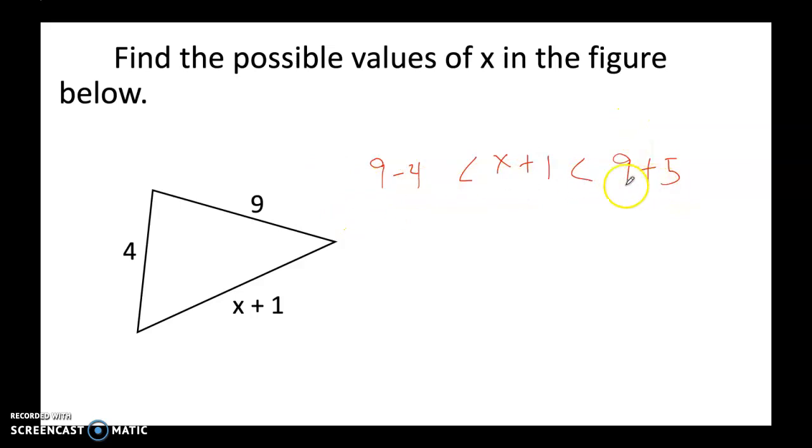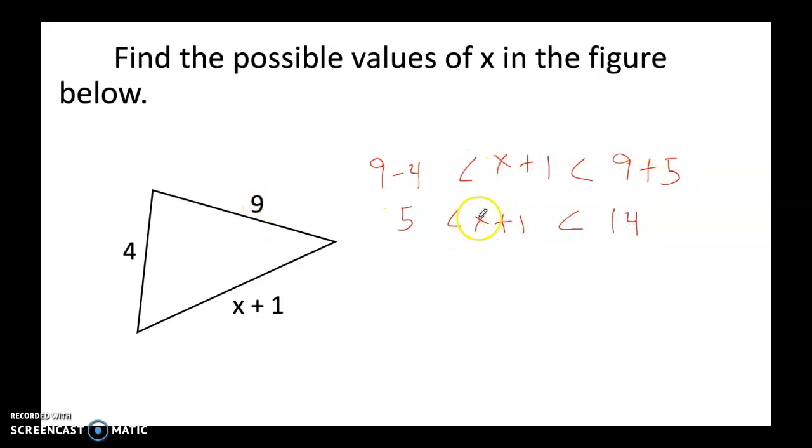Let's simplify the inequality. 9 minus 4 is equal to 5, less than x plus 1. Then we have 9 plus 5, which is equal to 14.